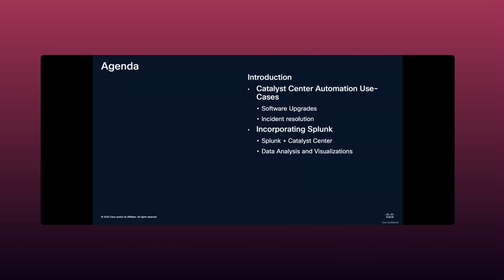The next use case will be how we use automation to solve and resolve incidents. After that, we will also incorporate how we visualize the data using our Splunk platform to ensure that we have visibility, looking at dashboards to make sure that our operation devices are taken care of properly using the data that we have from Splunk. And with that, let's go ahead and get started.